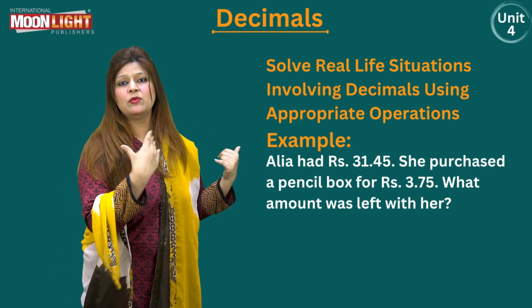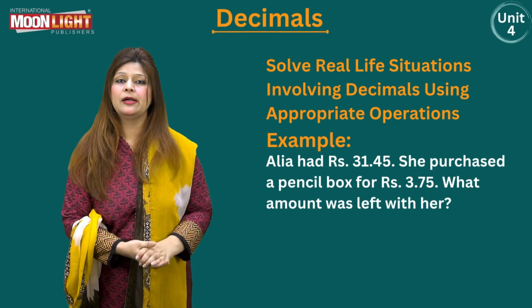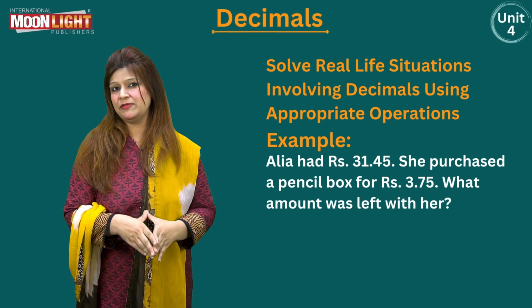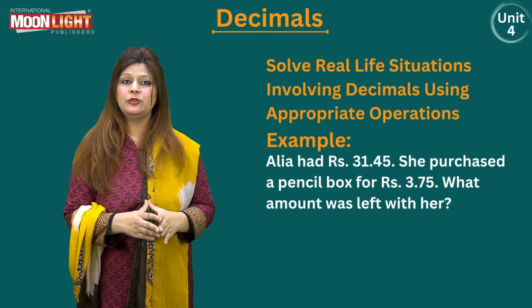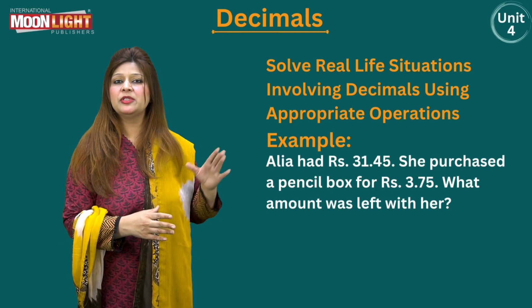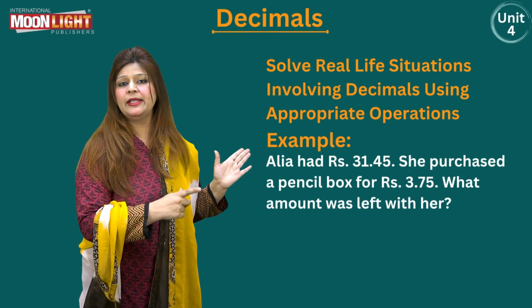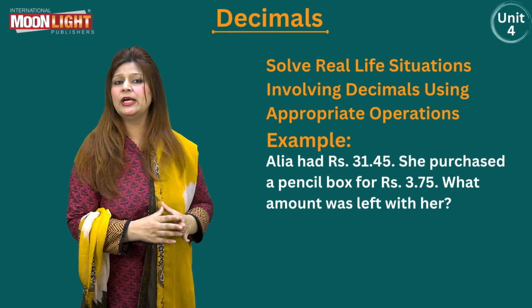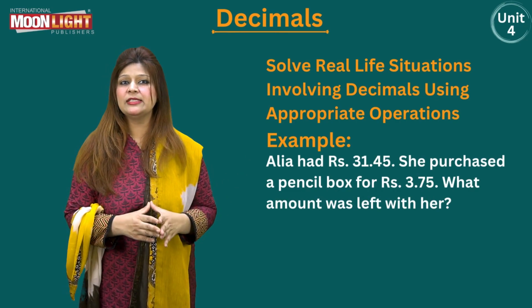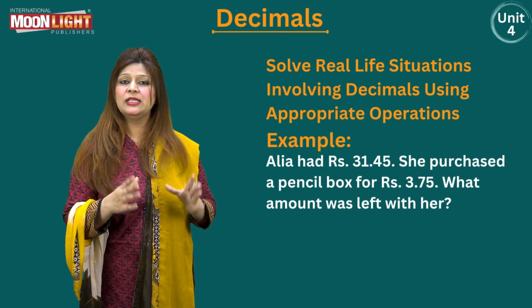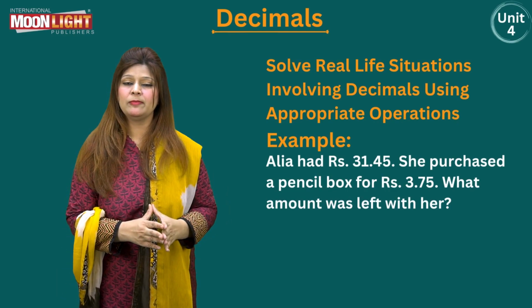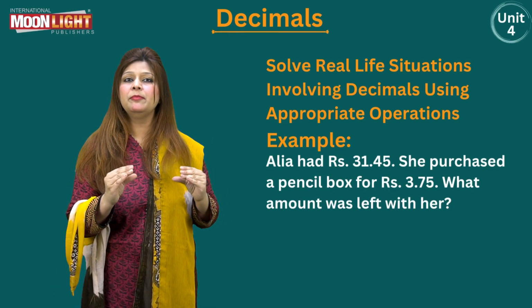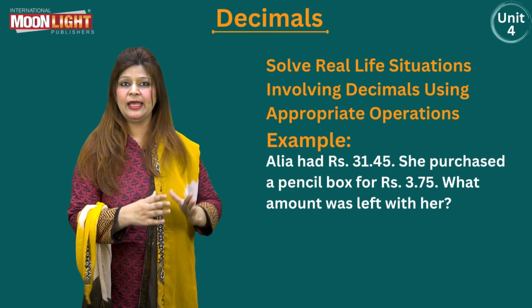The question is: what amount was left with her? Now you are going to evaluate the operation. Underline the word left, because this word tells you that this is subtraction. This is a subtraction word problem because we need to find the remaining amount which Alia has.